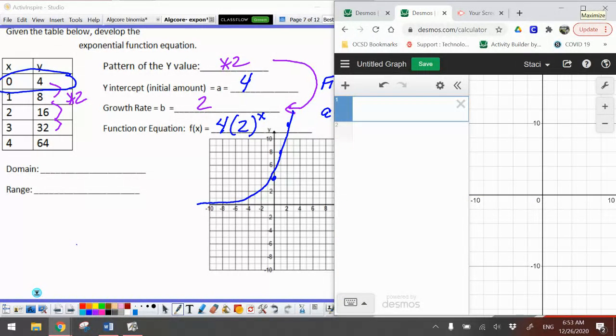So we can start with f of x equals, and I think I have 4 times 2 to the x.